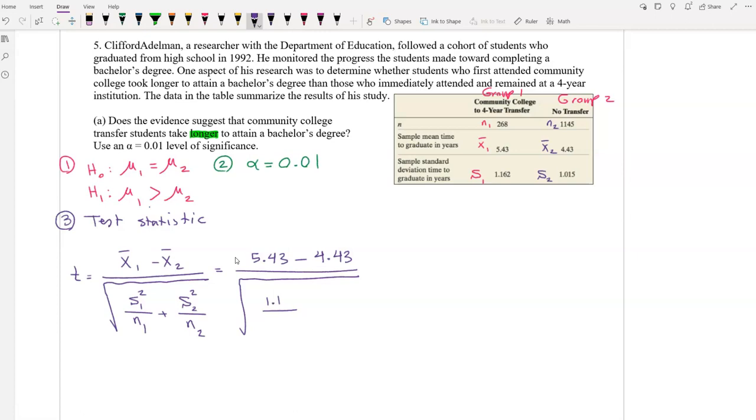We have 1.162 squared divided by sample size 268 plus, for the second group, we have 1.015 squared over sample size 1145. Finding the answer using a calculator, I round it to 3 decimal places and the answer is 12.977.